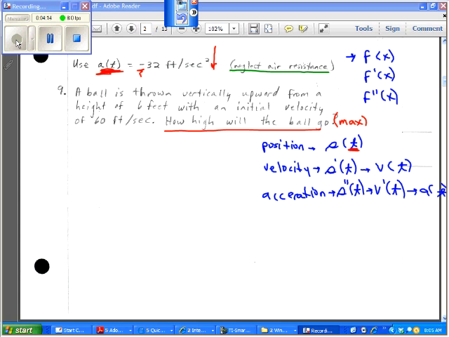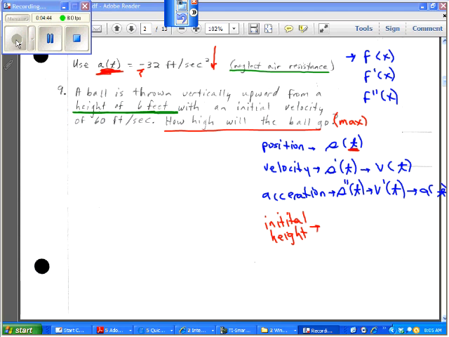Now, it says the ball is thrown vertically upward from a height of 6 feet. What's that telling us? That's telling us that the initial height is 6.